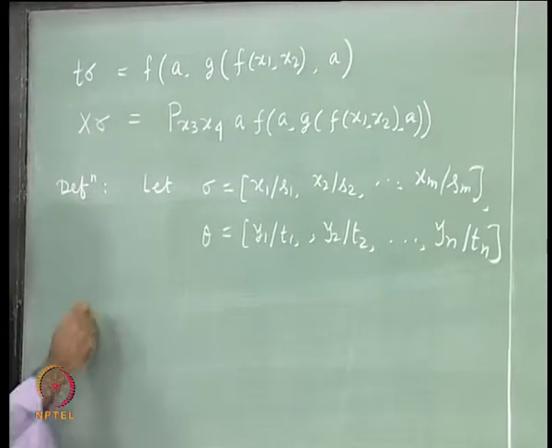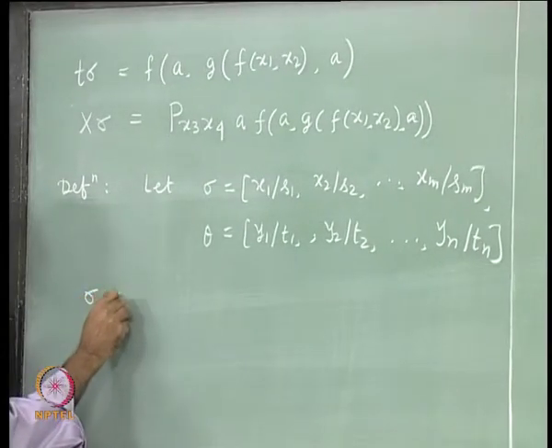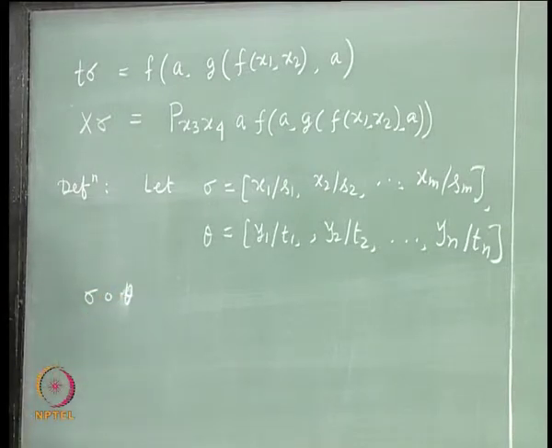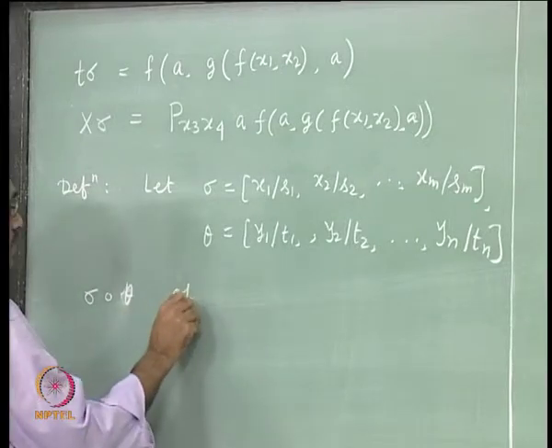Okay. So, we define sigma composition with theta as another substitution. This would be a substitution that we have to check also, right. So, obtained in the following way.